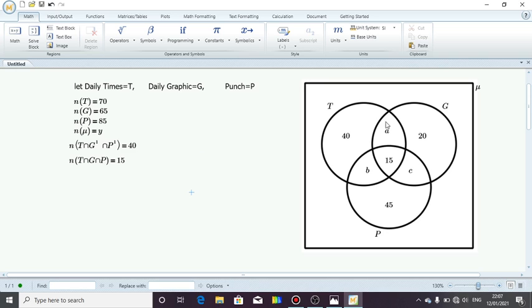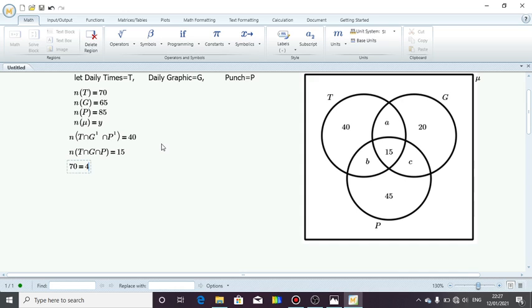So how do we get this value here? Our total for daily times will give us an equation from this place. All I need to do is 70 equals 40 plus A plus B plus 15. You can see the circle for daily times; you add all the values you have there. So 40 plus A plus B plus 15.